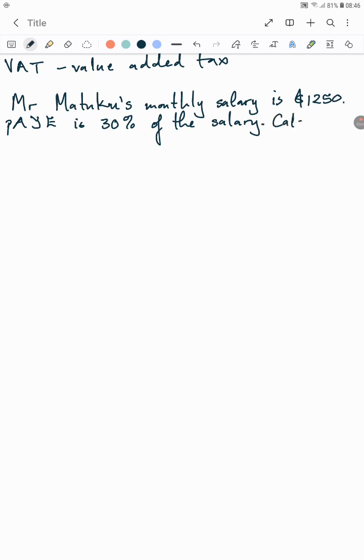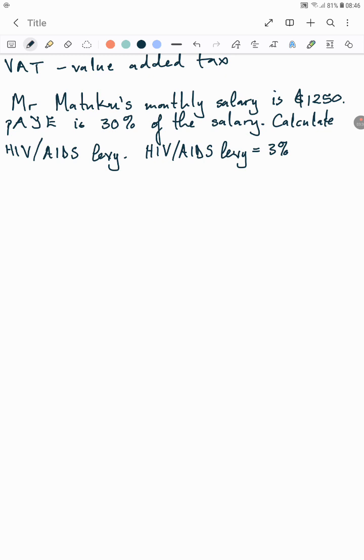Calculate the HIV AIDS levy, given that the levy is equal to 3% of pay as you earn.